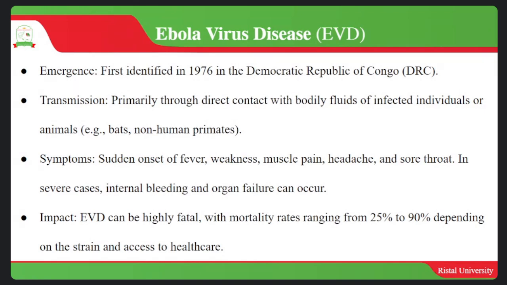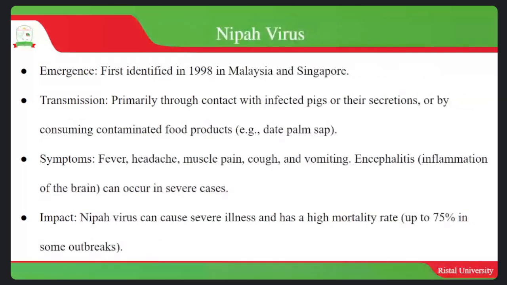Then it was identified in 1998 in Malaysia and Singapore, and its transmission was primarily through contact with infected pigs or their secretions, or by consuming contaminated food products.